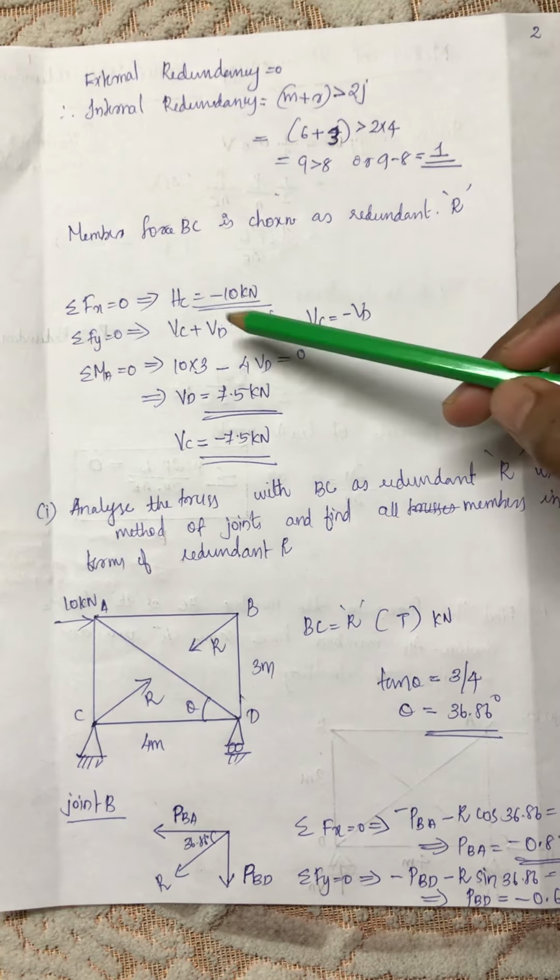Consider the members AB and BD, that is PBA and PBD, where PBA is the force in the member BA and PBD is the force in the member BD.